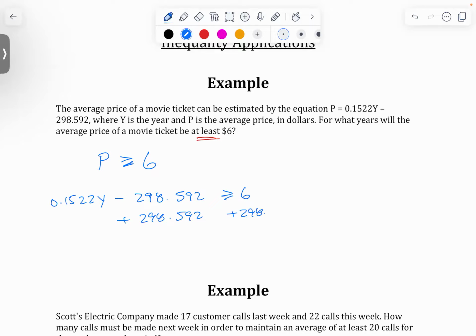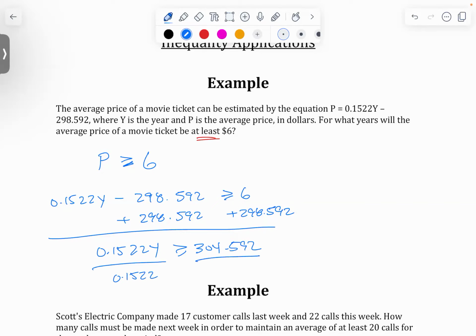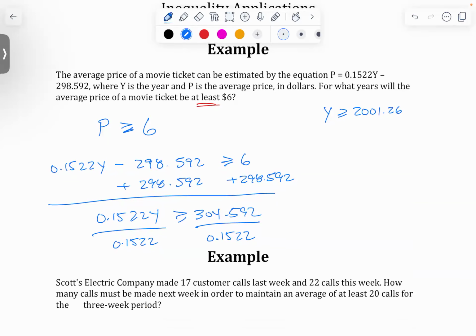And again, the numbers aren't great, but with real world applications, the numbers tend not to be great. Divide by 0.1522. All right, so that gives us y greater than or equal to 2001.26.